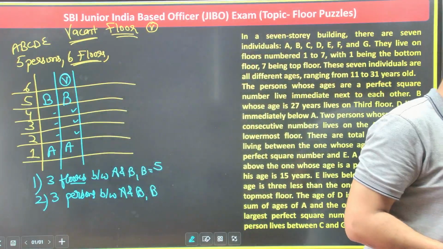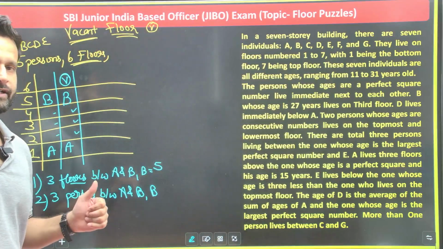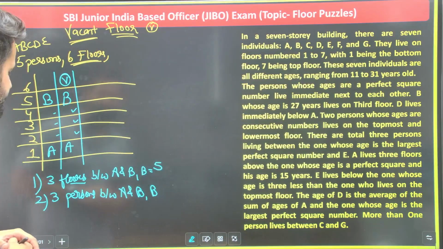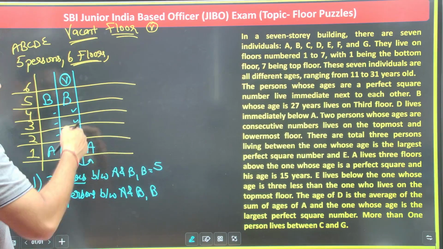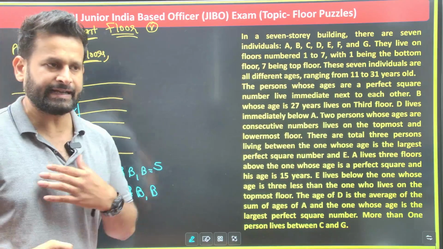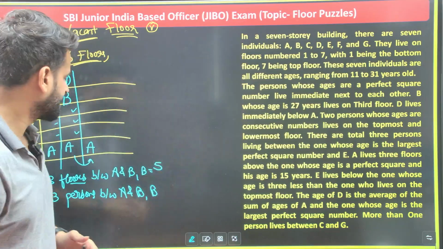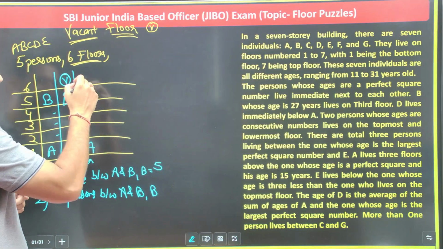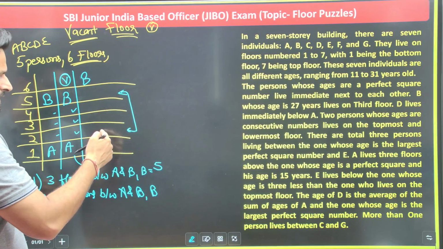The condition itself is saying 5 persons only, 6 floors are there, so one floor has to be vacant. Now, another case for this, this is A. Here I have considered that between A and B there is no vacant floor, but there can be a vacant floor. So in that situation, B will come here. Now here you will see that you have how many floors? 1, 2, 3, 4.